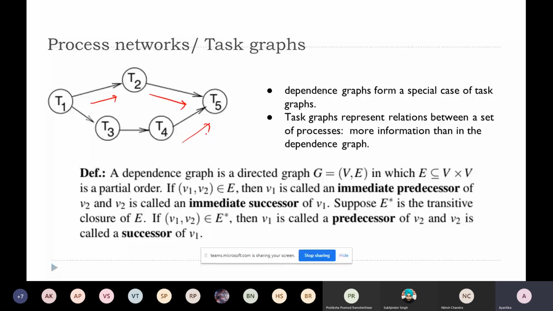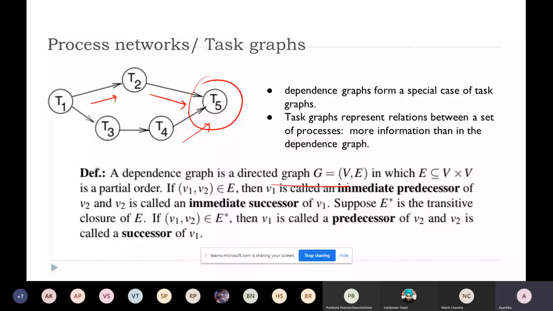What does it mean? T2 is dependent on inputs from T1. Similarly, T5 is dependent on the inputs from T2 and T4. So our dependence graph is a directed graph.